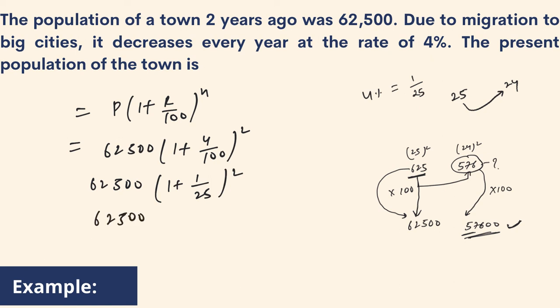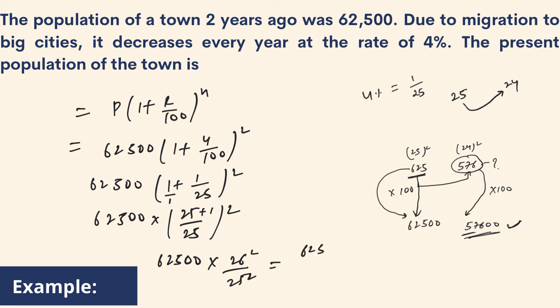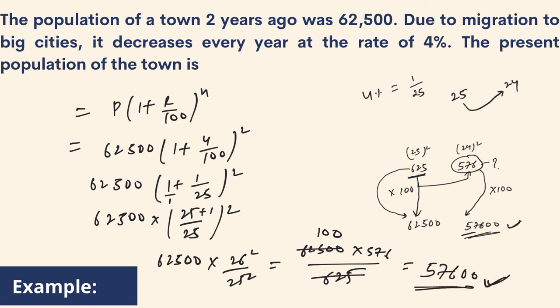When I solve this one, here is 1, so I can take LCM 25, so I will get 25 here and 1 here, square. 62,500 into 26 square divided by 25 square, or I can get 62,500 into 676 divided by 625. When I cut this one, I will get 100 here. When I multiply 576 with 100, I will get 57,600. So this is my answer. So using formula you can solve this way.